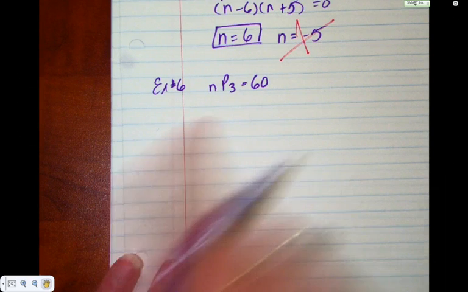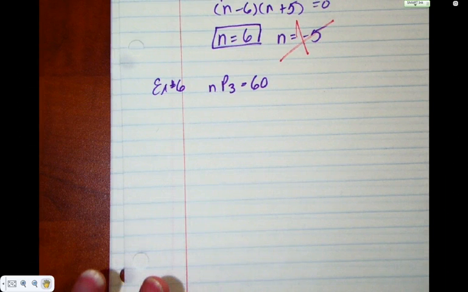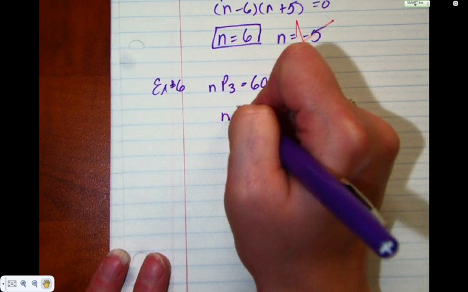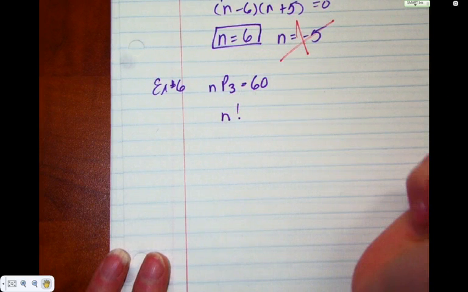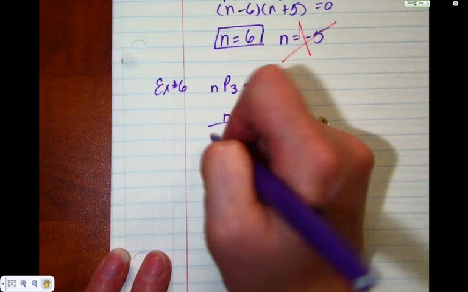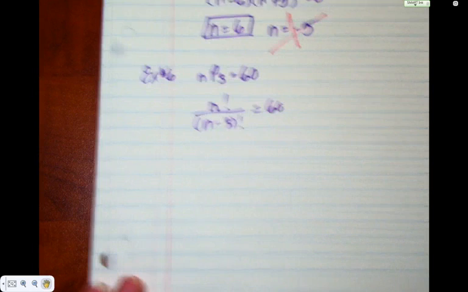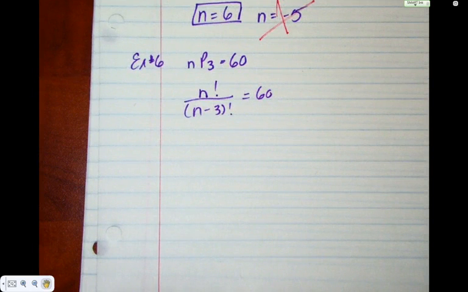Use the formula. Okay, so nP3 equals n factorial over n minus 3 factorial. Okay. Step 2.